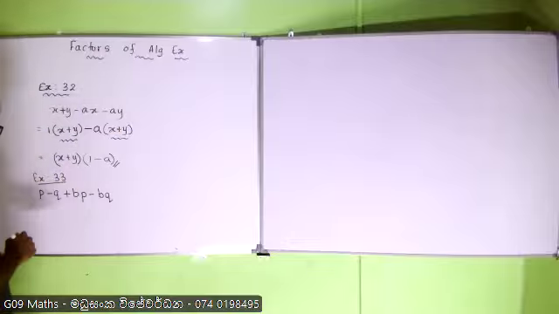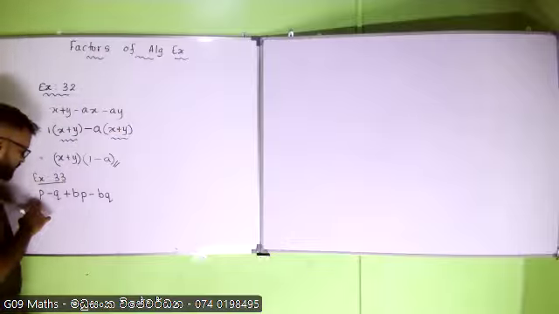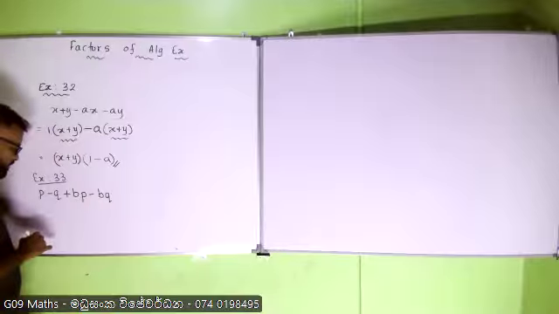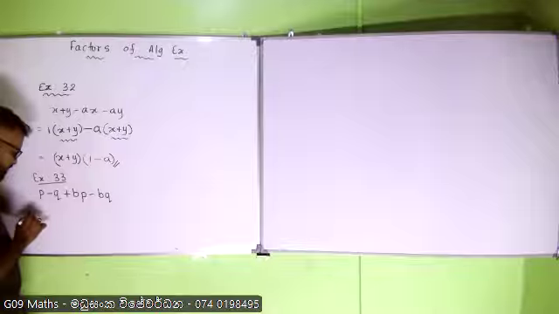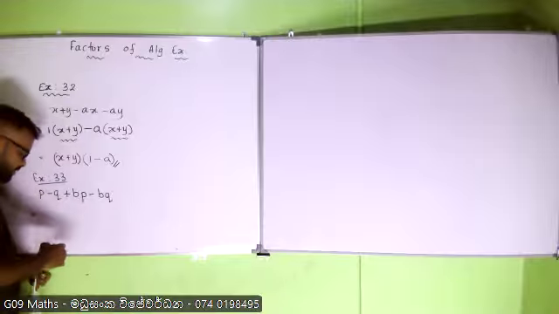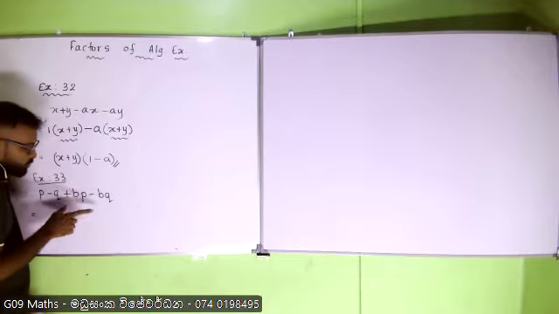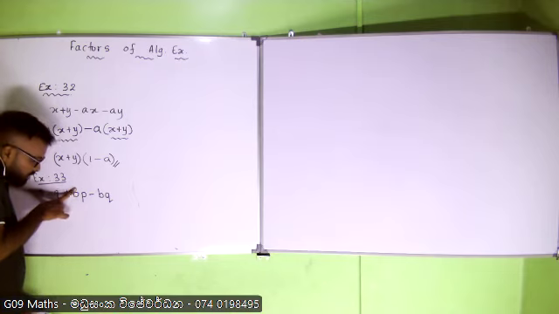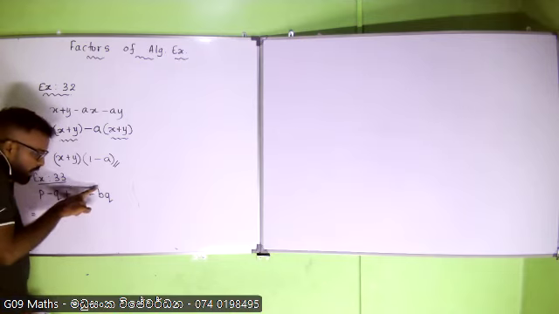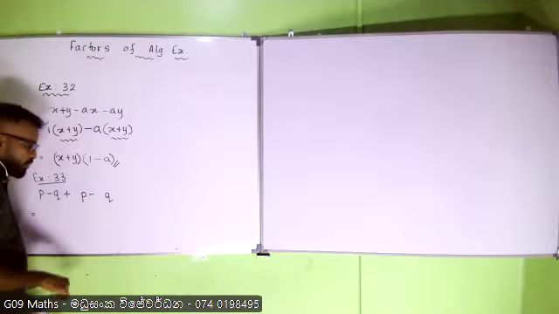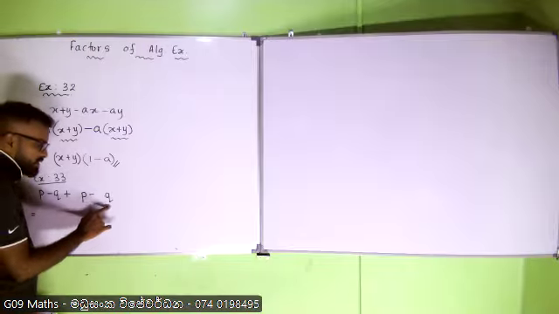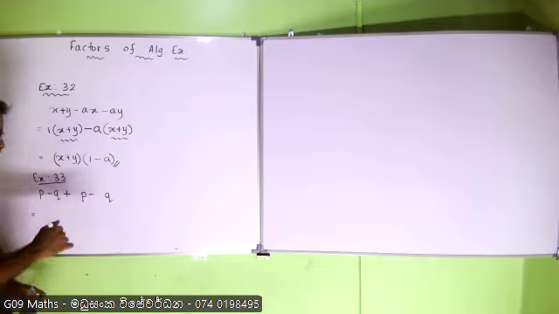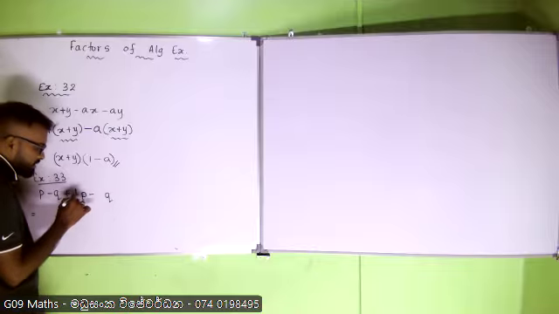Here you have p minus q, so I am going to take one out, because here you have p minus q. If you carefully forget this b for a moment, you can see p minus q here as well.